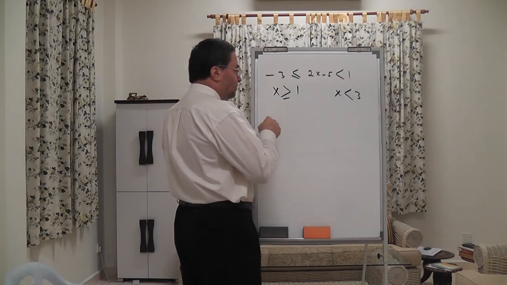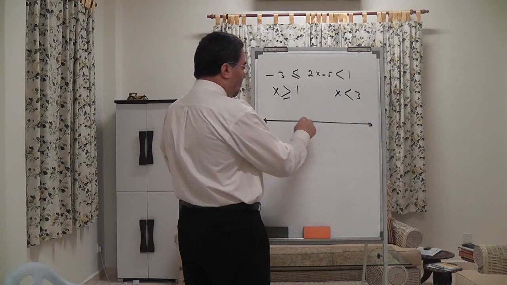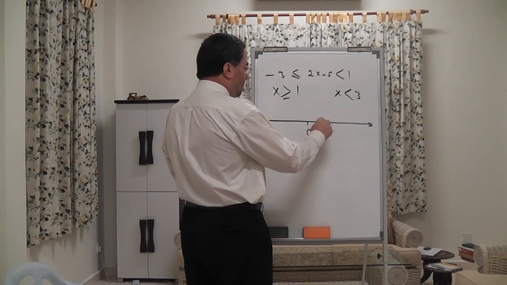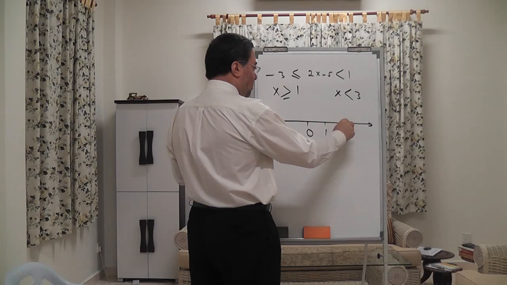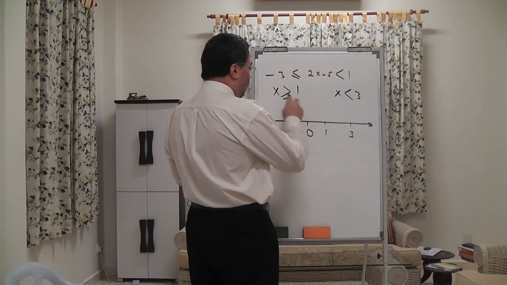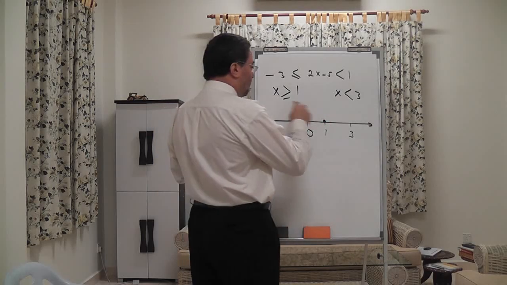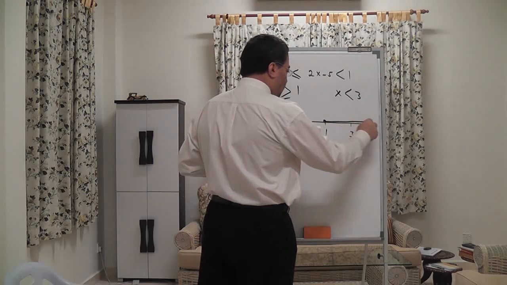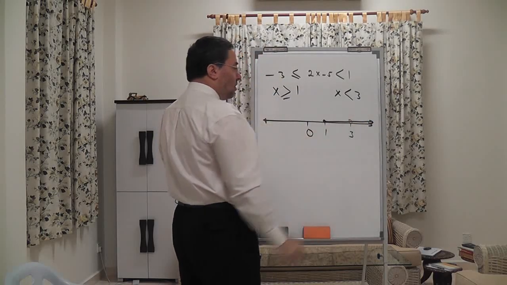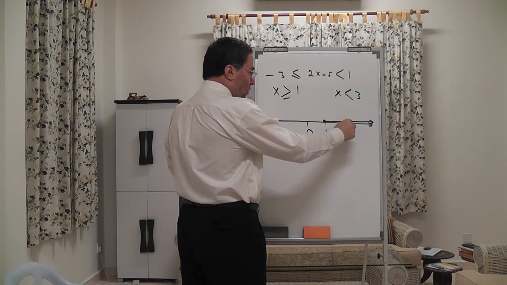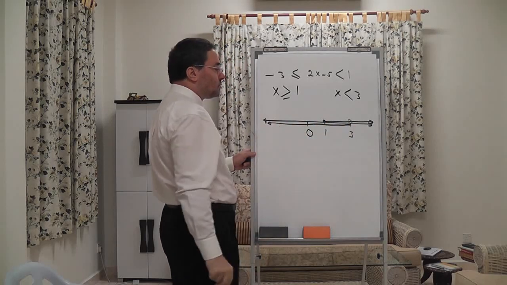So now, 0, 1, and so on. Let's go to 3. We have a solid dot on 1. More than 1, it goes all the way this way. Less than 3, open circle, all the way this way.